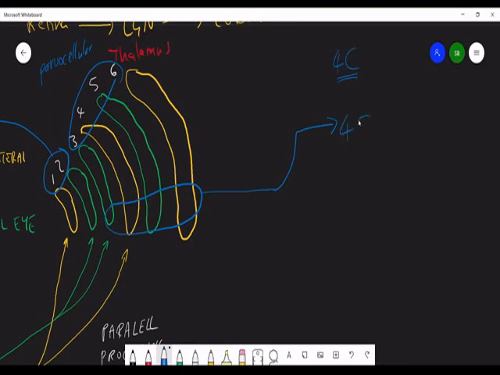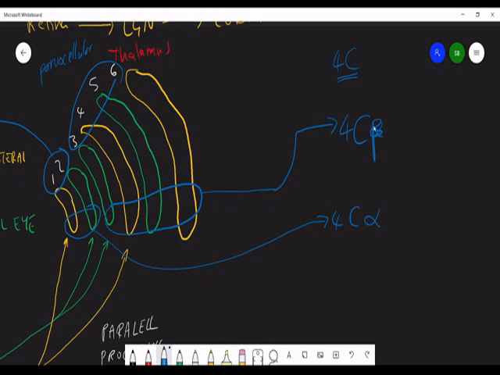These go to 4C alpha, which is a part of the 4C layer. Sorry, I've got that the wrong way round. The magnocellular pathway goes to 4C alpha, the parvocellular goes to 4C beta.